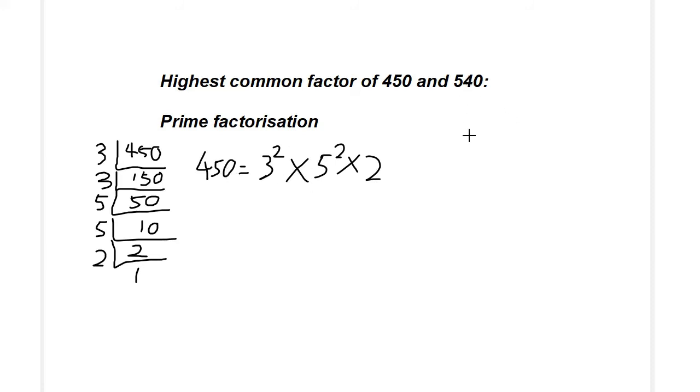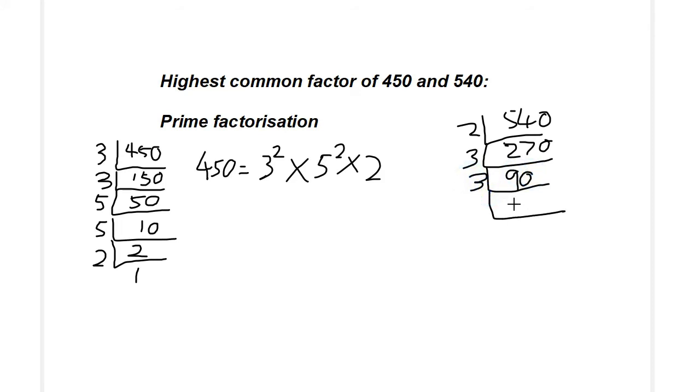Okay, and we can do the same for 540. Let me just do it quickly. 3, 90, 3, 30, 3, 10, and 5, 2.